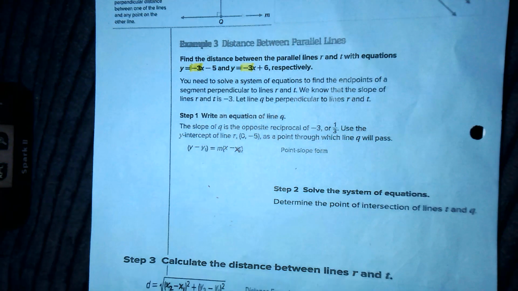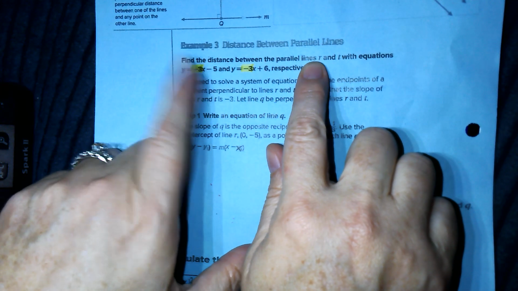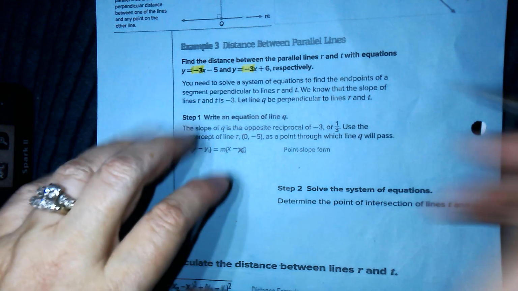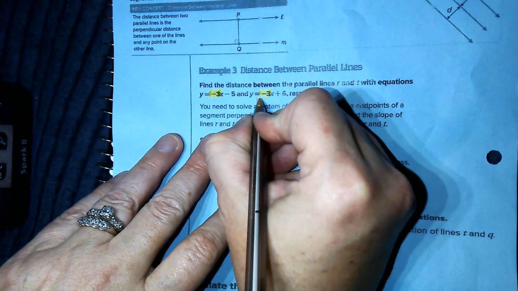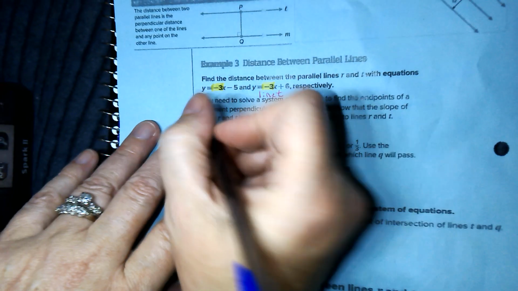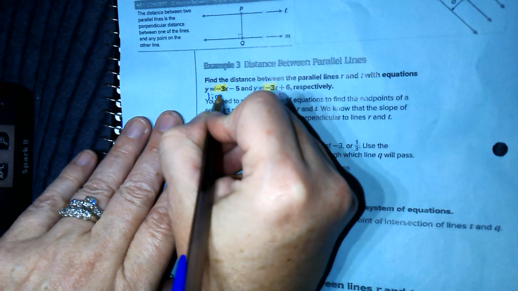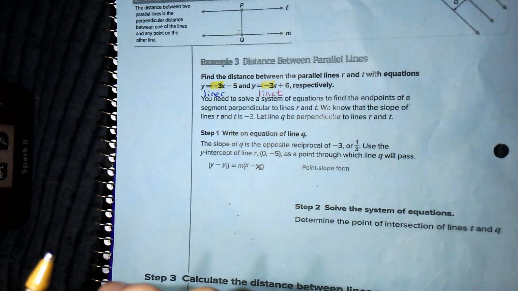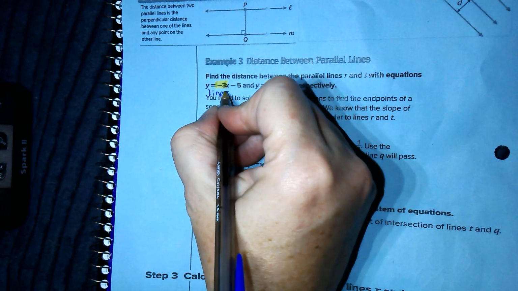So we know these two lines are parallel, and the first equation is R, second equation is T. So let me see, this is line T, and this is line R. Let me do a capital R so you don't think it's line r.